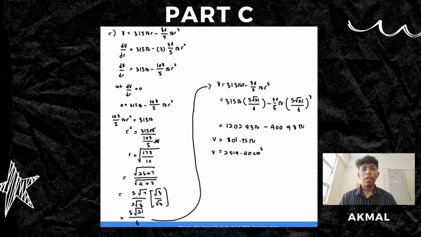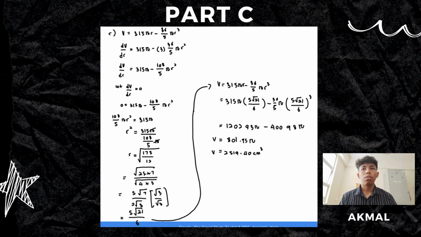And then we can simplify it by the square root of 25 times 7, and also the square root of 4 times 3. After that, we can simplify it until it becomes 5 square root of 21 over 6. That is for the first part of the question.